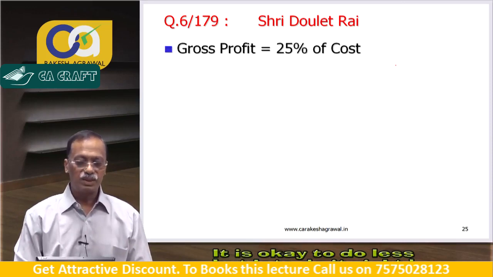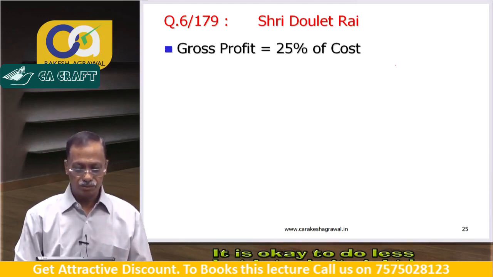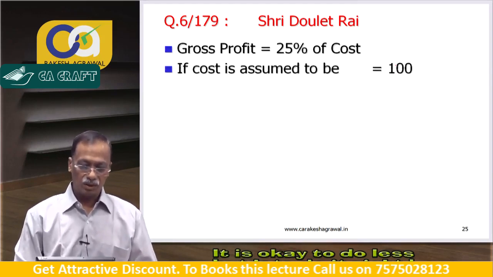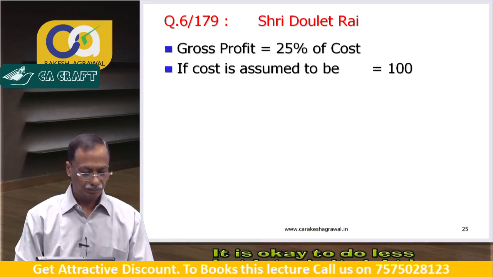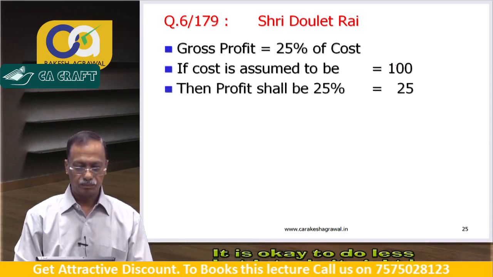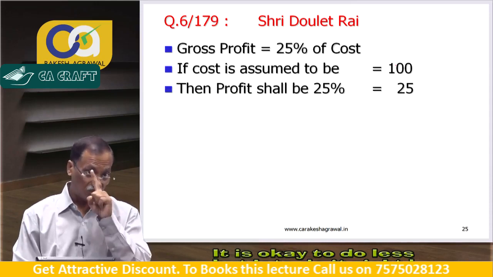Write down: gross profit is equal to 25% of cost. I am giving you everything in writing. If cost is assumed to be 100, then profit shall be 25% of cost.